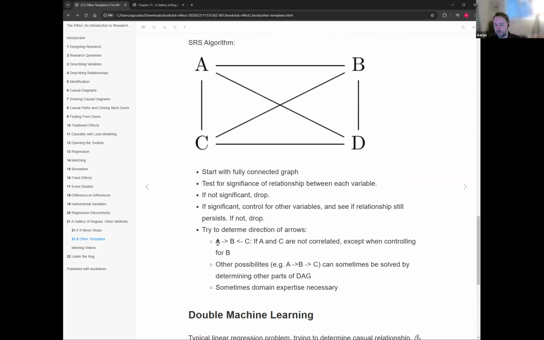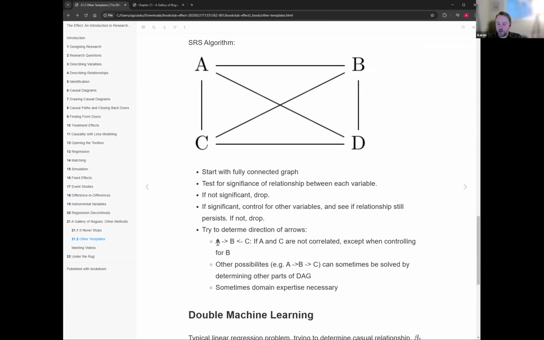And by filling in the gaps with these colliders, that sometimes can give you a definitive idea of how these other relationships work. But other times you don't always know, like are the arrows pointing left or right, up or down? It really depends on, can I solve a piece of the DAG over here?